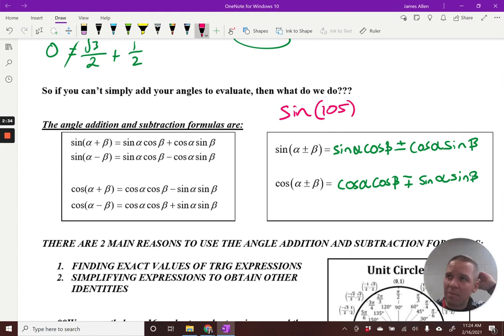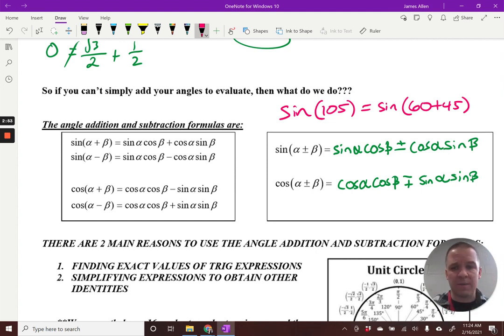That's not a 30, a 45, or a 60 degree reference, but I could break this into 60 plus 45, and then I can expand it into that formula. Now I have 60 and 45 that I'm going to work with. That's what we're getting at here.